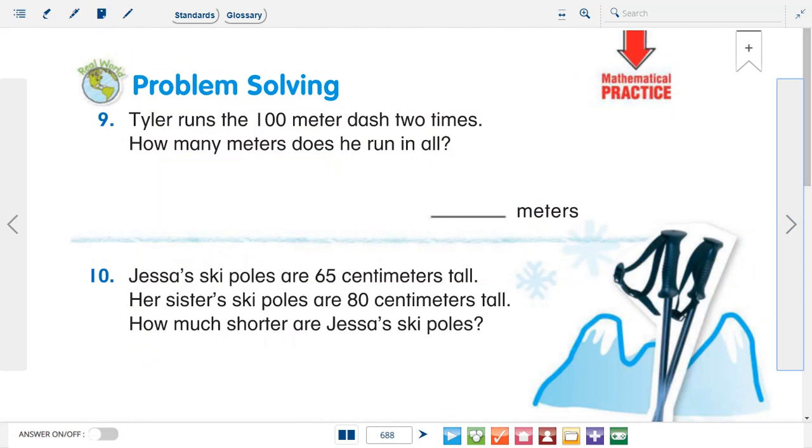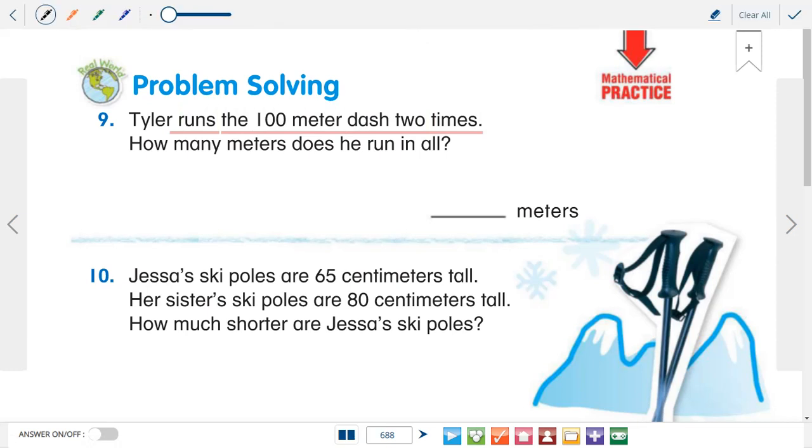Now, let's do problem solving together. Taylor runs the 100-meter dash 2 times, okay? 2 times, and this is important. Okay, let me underline this for you. So he ran it how many times? 2 times. So, because he did it 2 times, how many meters does he run in all?